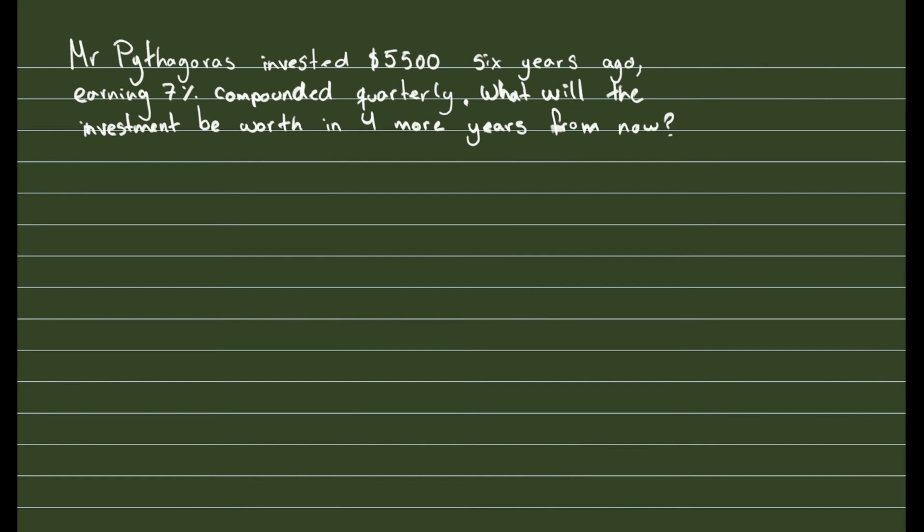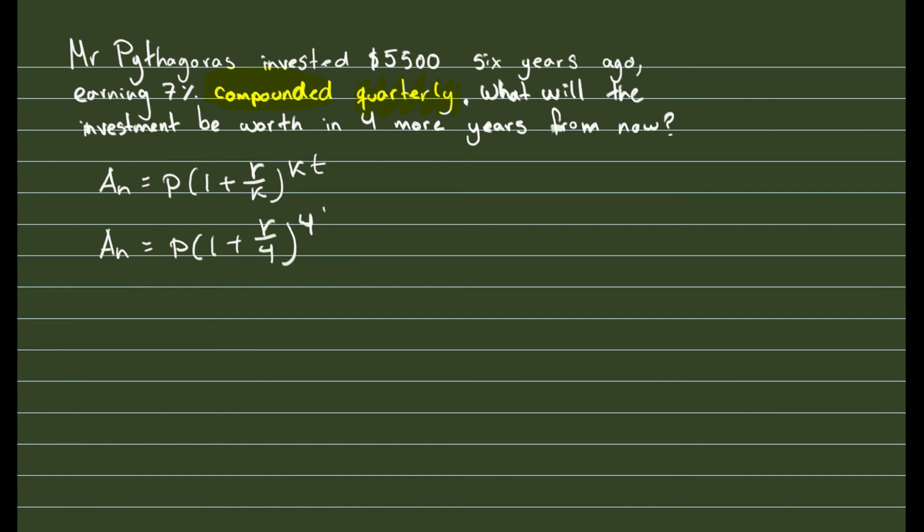It's important to understand that they want compound interest, so we need to use the beautiful formula: A_n is equal to the principal times 1 plus R over k, to the power kt. And k is the number of compounding periods. In this case, they're saying quarterly, that means 4. So A_n is equal to the principal times 1 plus the rate divided by 4, to the power 4t.